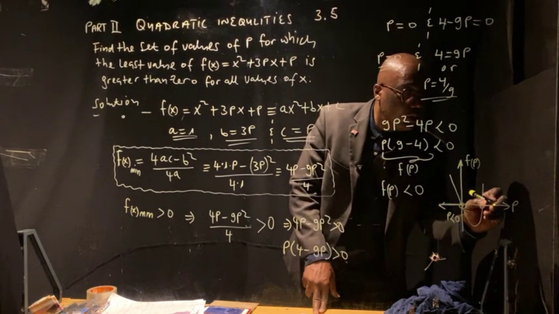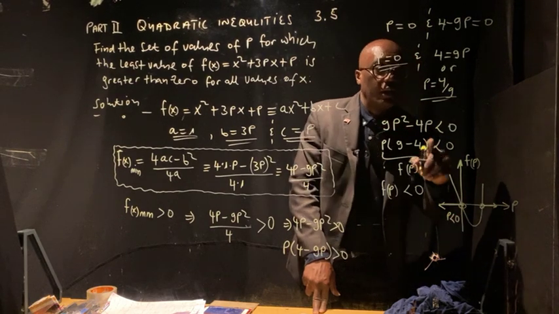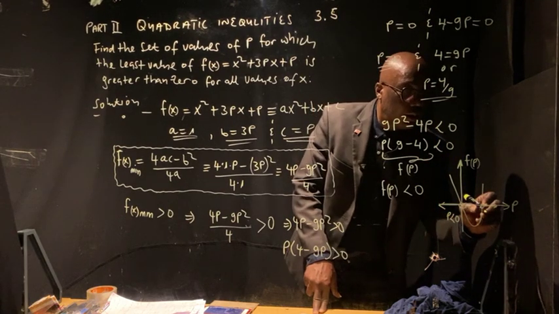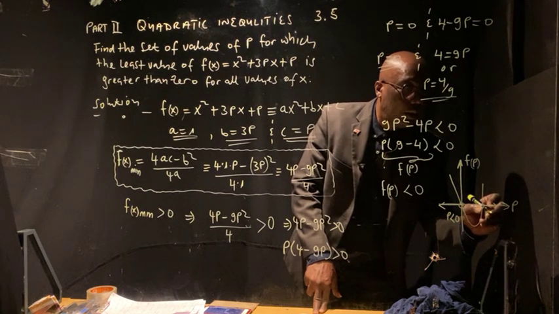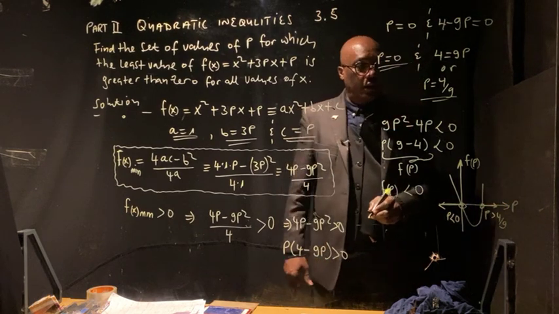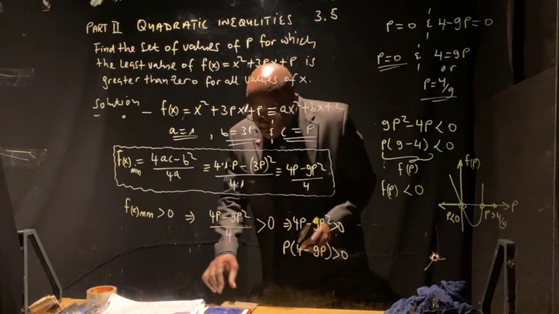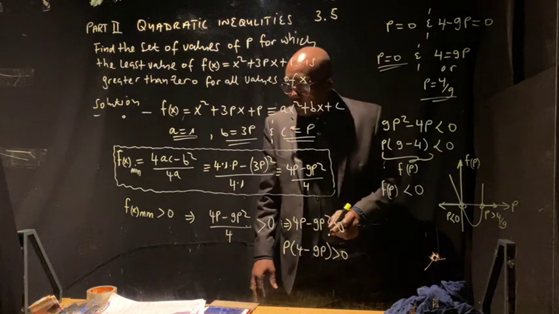And from here going is what we have, p is greater than 4/9. Very good. Let me see whether you can see. Yeah, you can see it right.